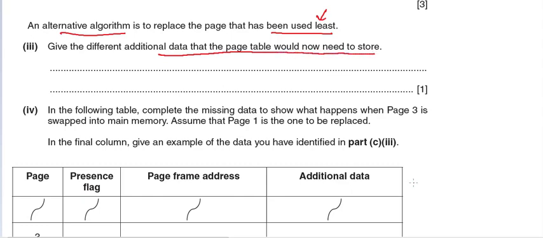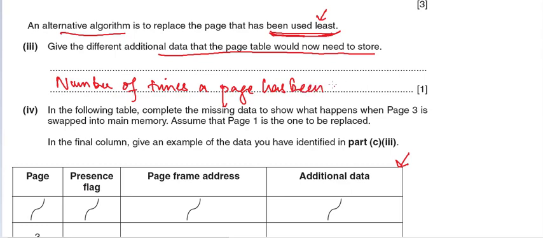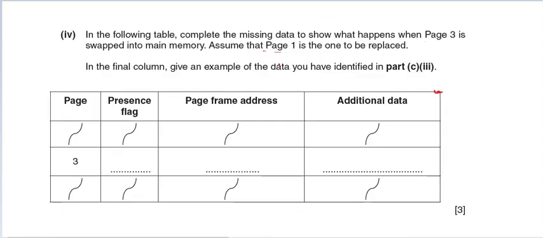Previously we had time of entry for additional data, but now since we have the least used page, we need different additional data. This would be the number of times a page has been read, or the number of times a page has been accessed in the RAM. Okay.